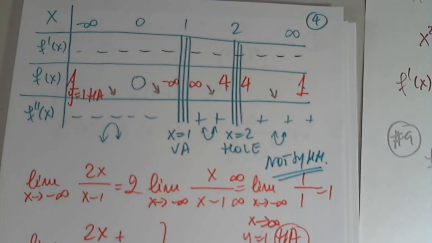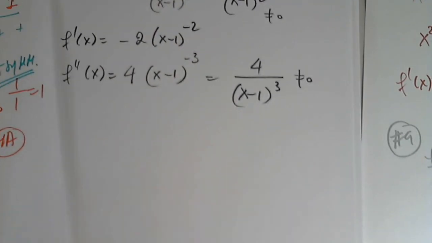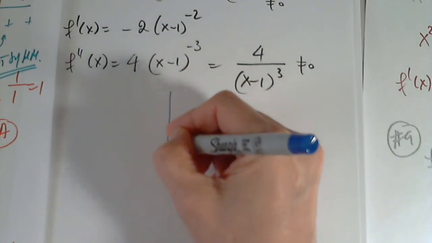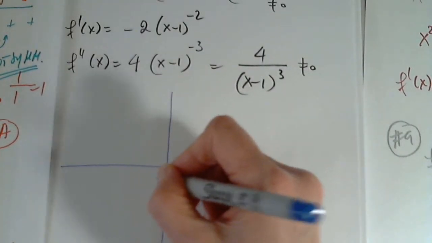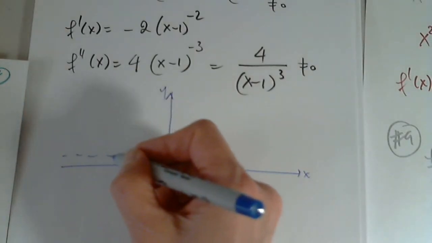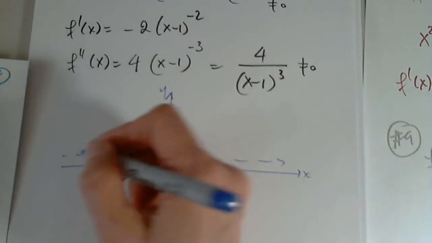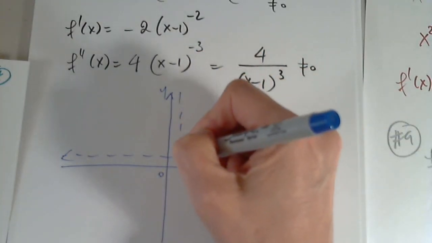And now when I graph it, I will graph the asymptotes first. And it has 2. y equals 1 and x equals 1.